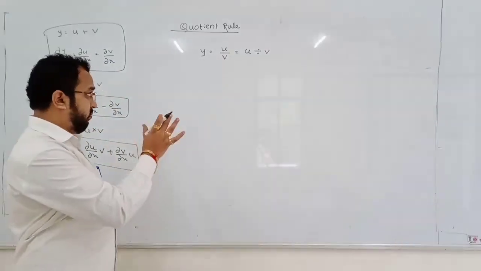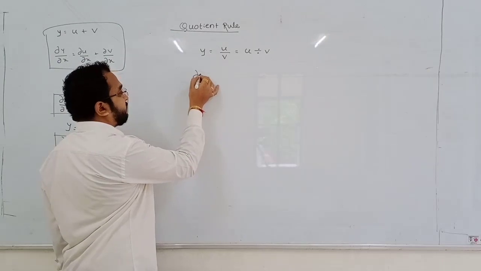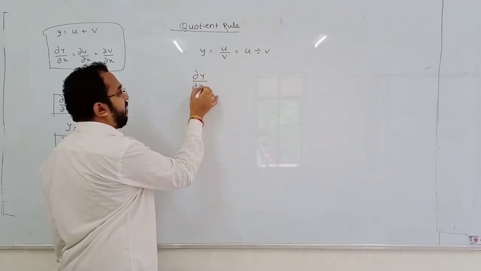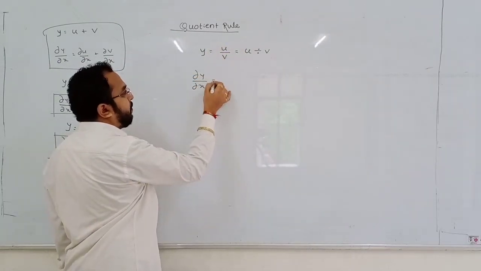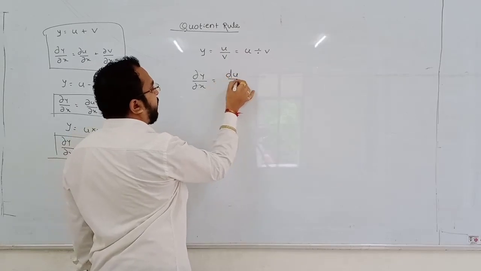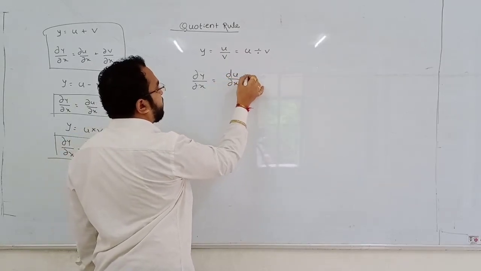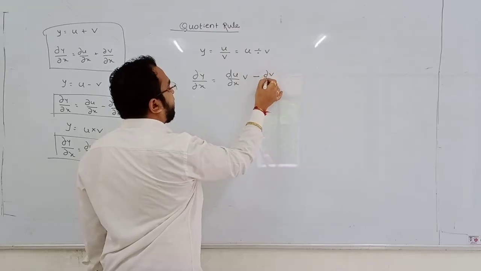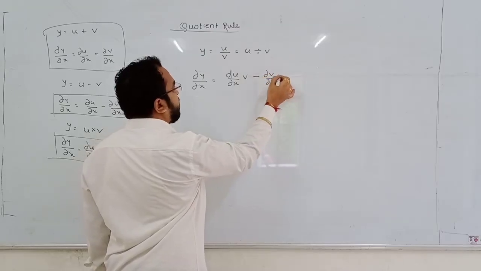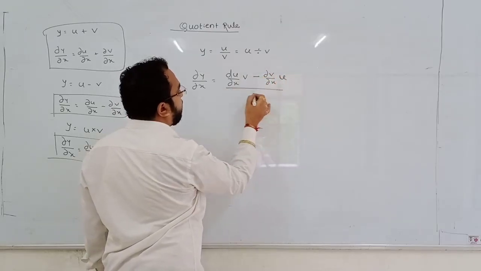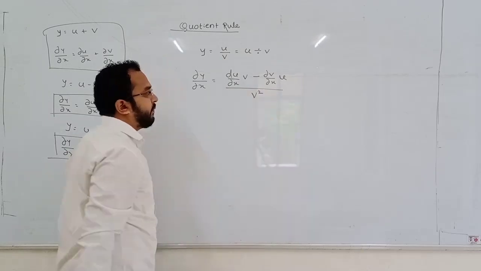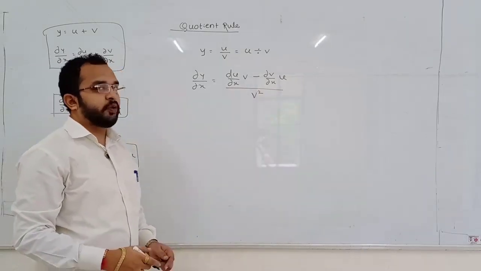Now if it is given like this, then the differentiation of y will be differentiation of first into second term minus differentiation of second term into first term, upon second term square, v square.